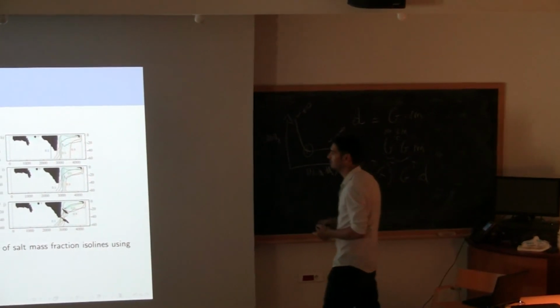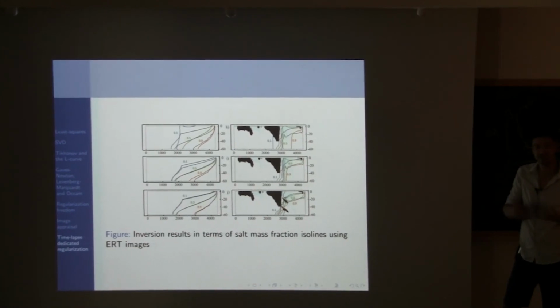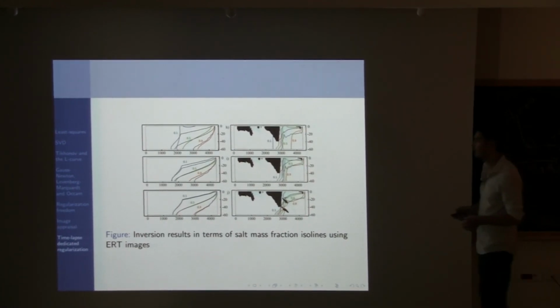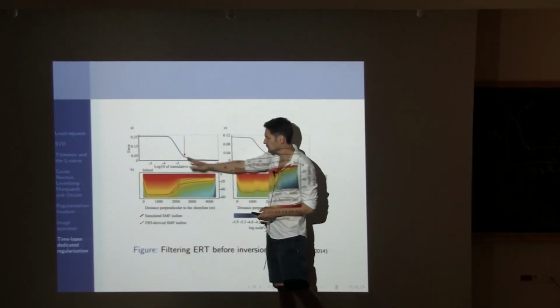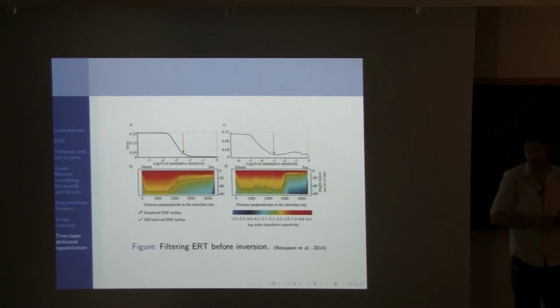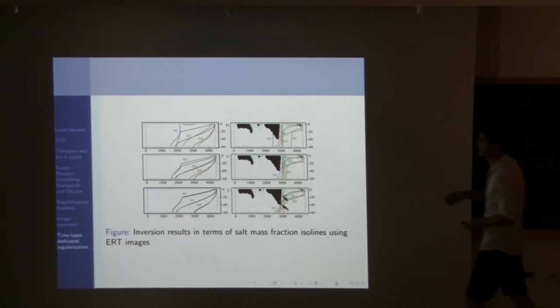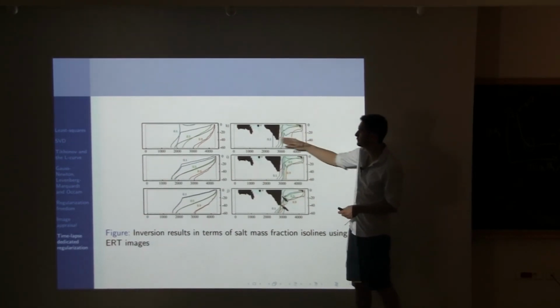But if you were to use your geophysical images directly to invert for it, and you don't account for this loss of resolution, so if you don't threshold your image with respect to the sensitivity, then you would get this, an example of a prediction of the isolines using the full ERT images.